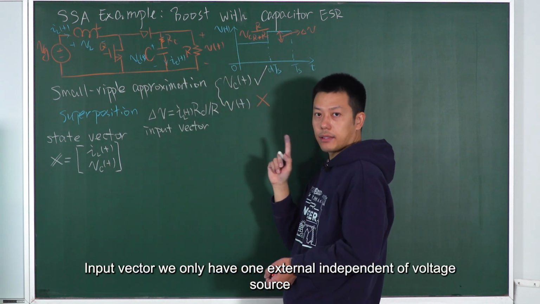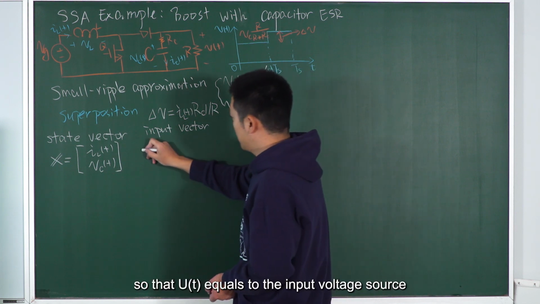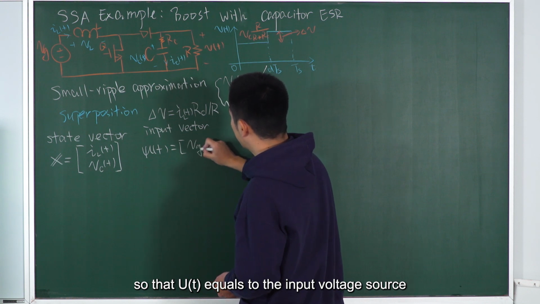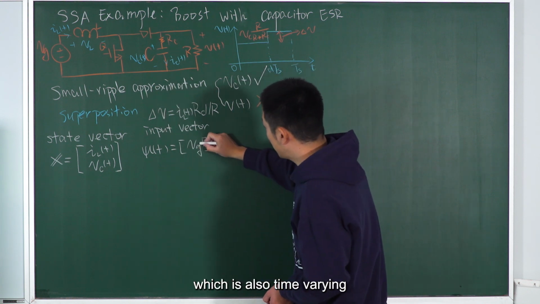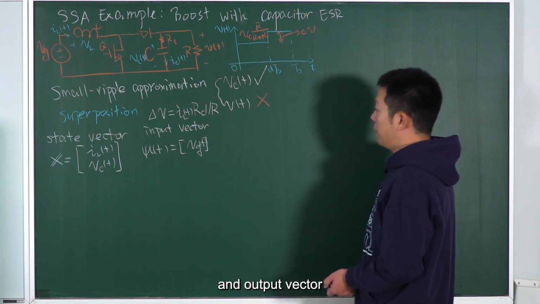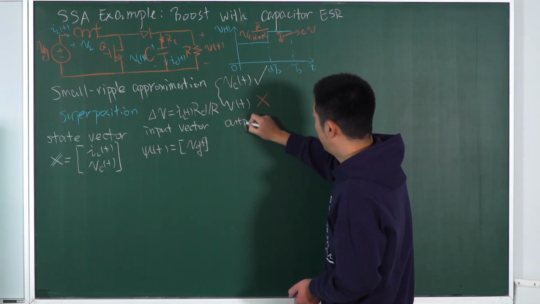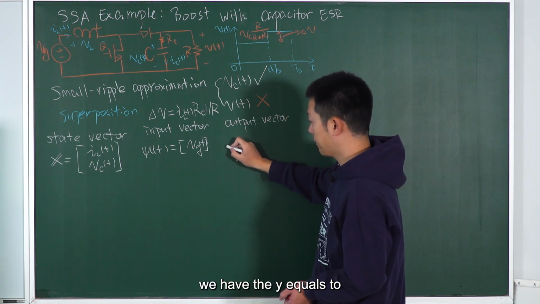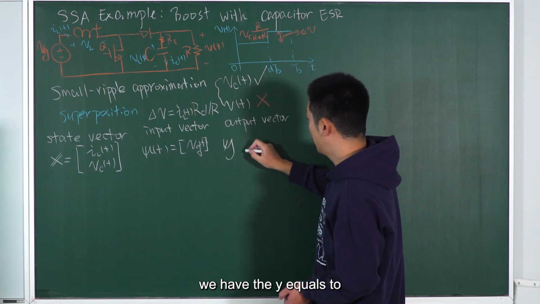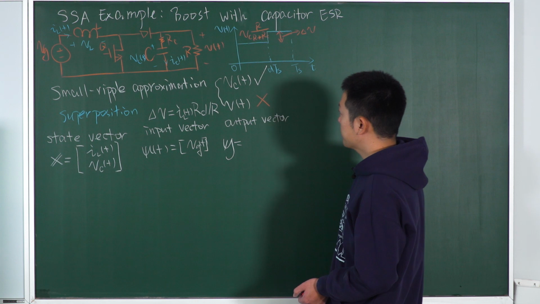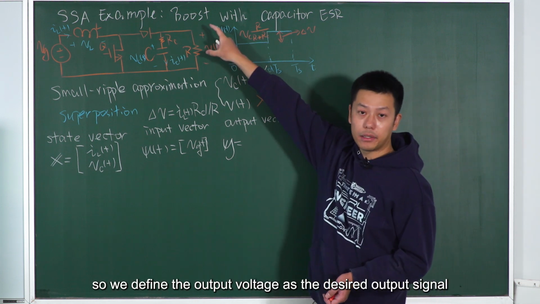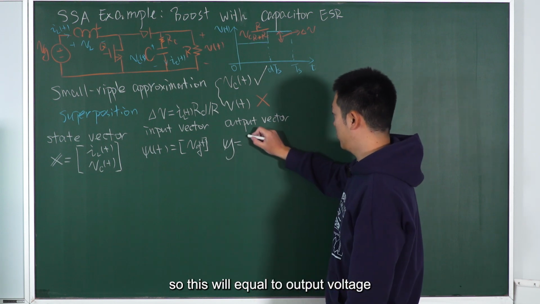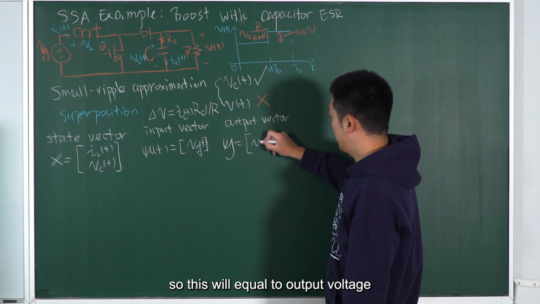We only have one external independent voltage source, so U equals the input voltage source, which is also time varying. And for the output vector, we define the output voltage as the desired output signal, so Y equals the output voltage.